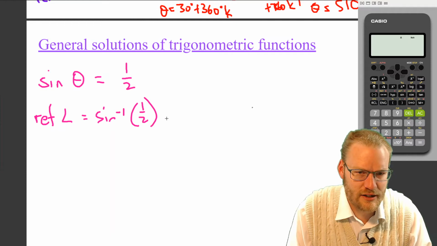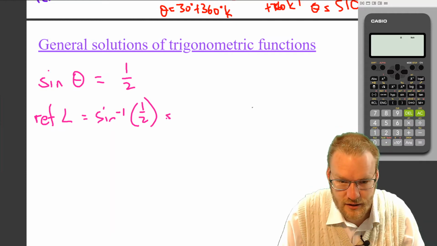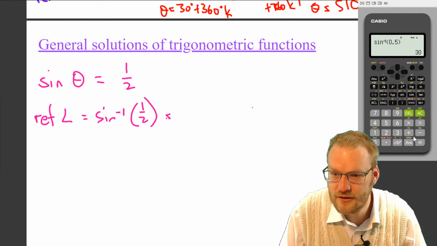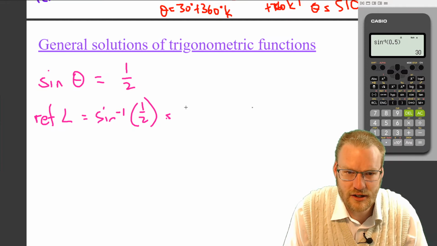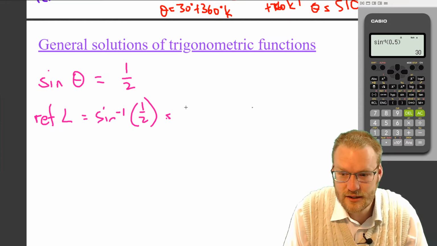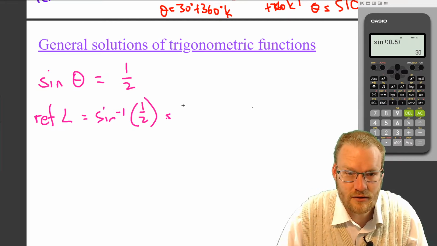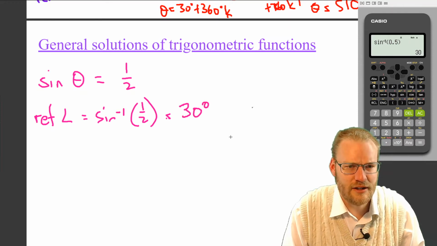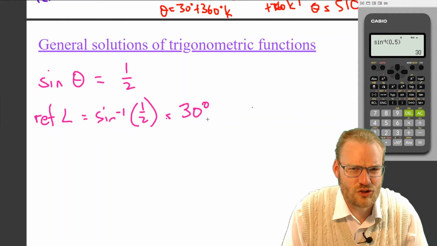The calculator says shift sine 0.5, or you could use the half fraction, gives 30. So in other words, my answer is 30 degrees.